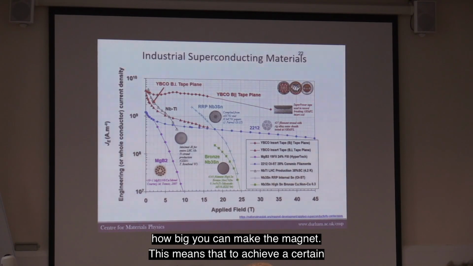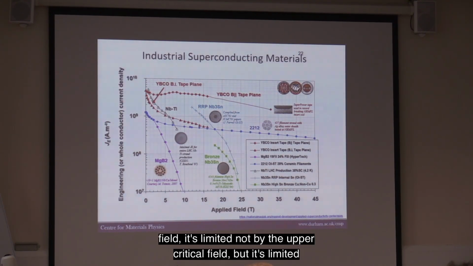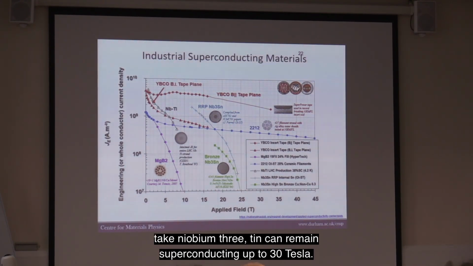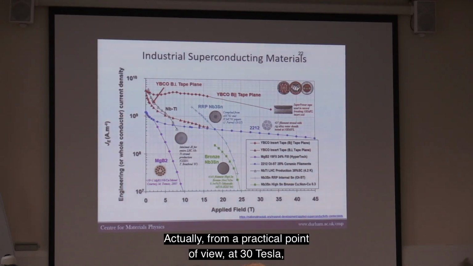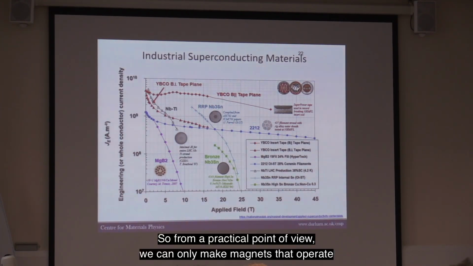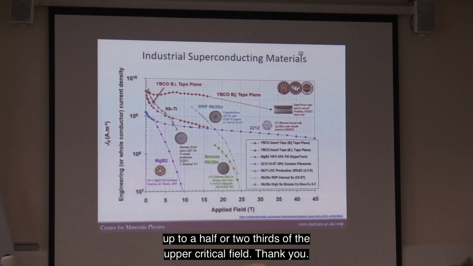This means that to achieve a certain field, it's limited not by the upper critical field, but by the critical current. Even though niobium 3 tin can remain superconducting up to 30 Tesla, from a practical point of view, at 30 Tesla it doesn't carry any current at all because it's not superconducting. So from a practical point of view, we can only make magnets that operate up to a half or 2/3 of the upper critical field.